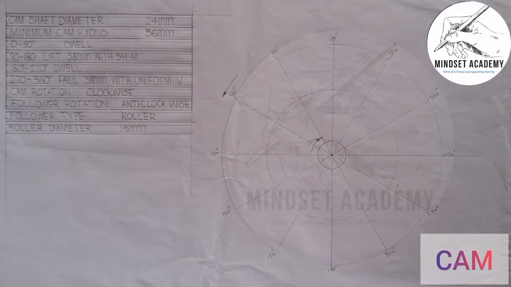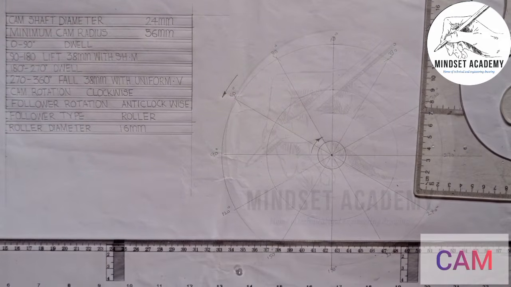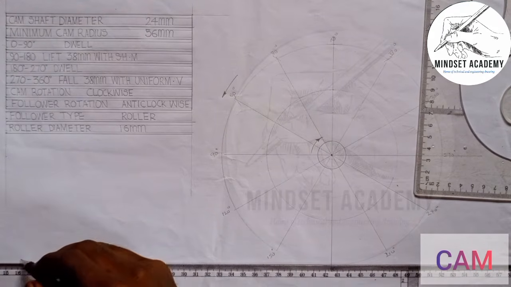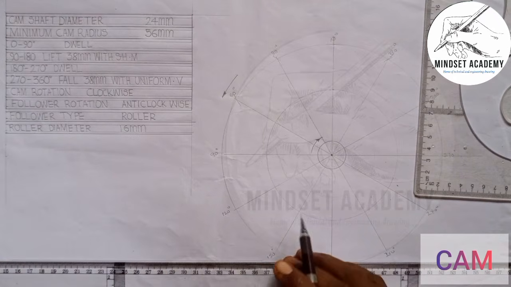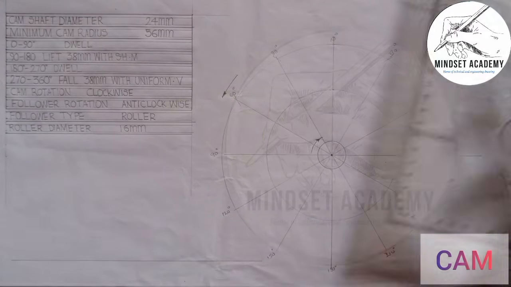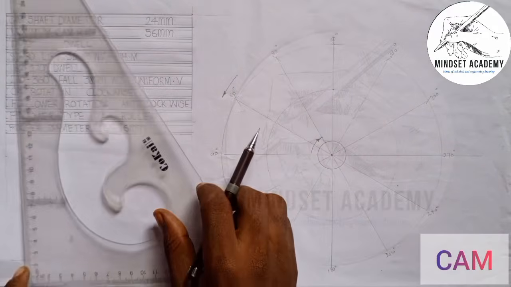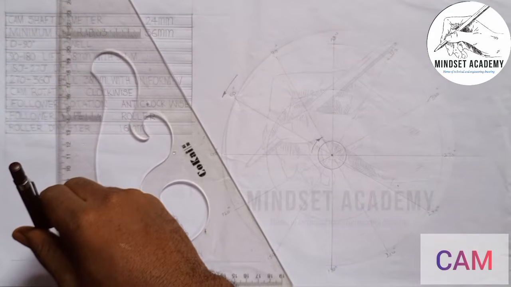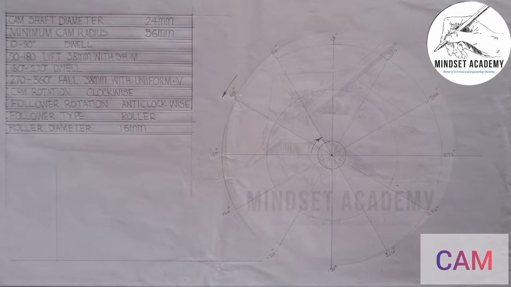So I'll take my set square, my T-square, and I'll draw this horizontal line this way, you can see that, and I'm going to do the next one this way.